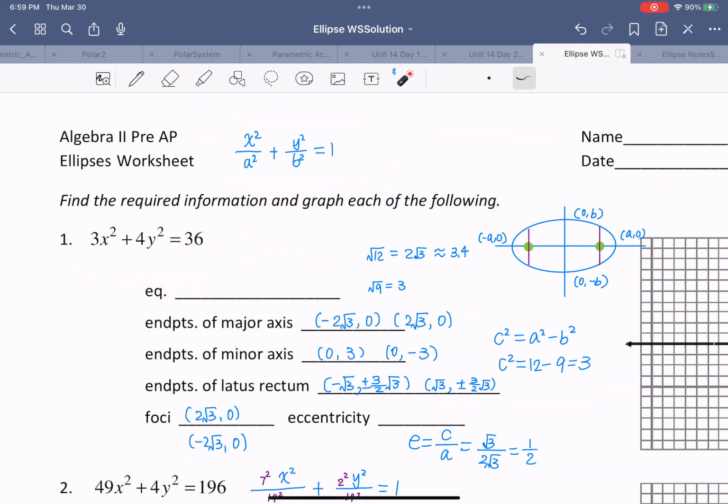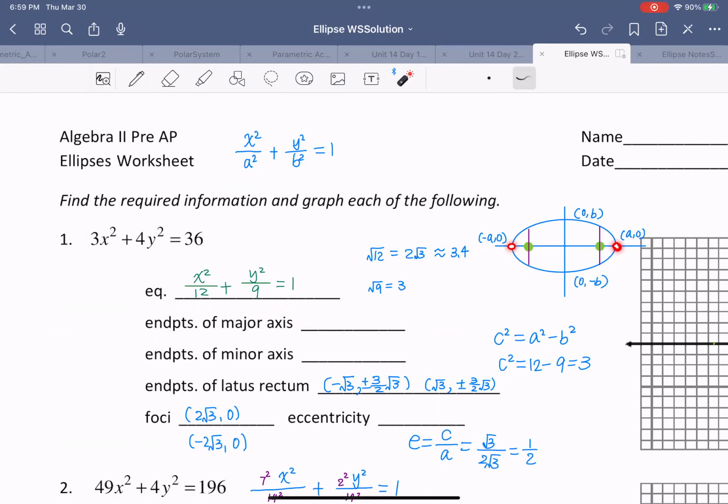X squared over 12 plus y squared over 9 equals 1. Now they ask you these two questions, the endpoints of the major axis. So they're asking, what are these two points?